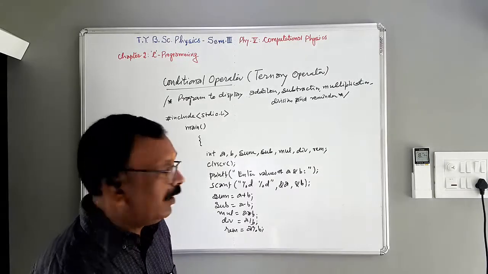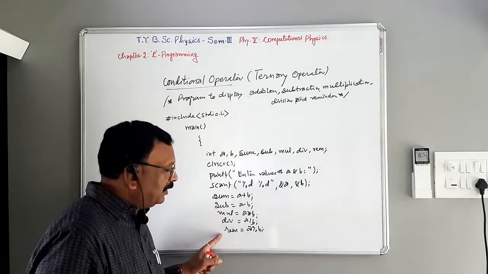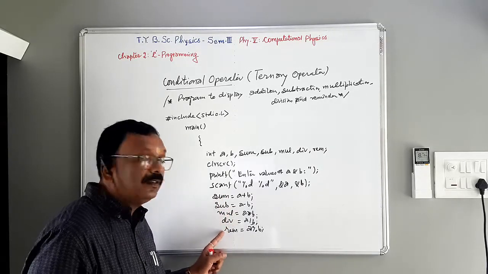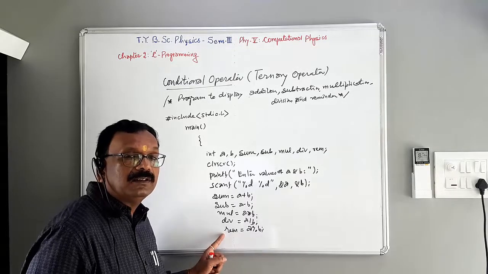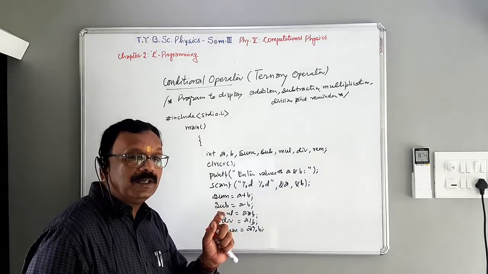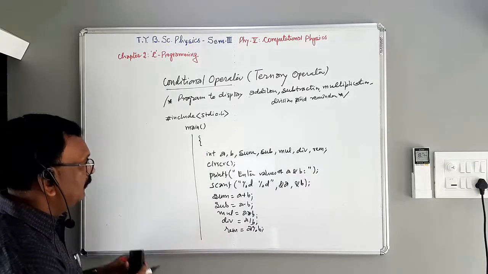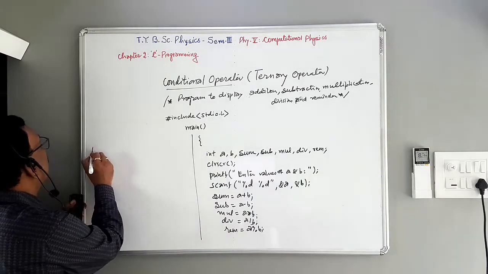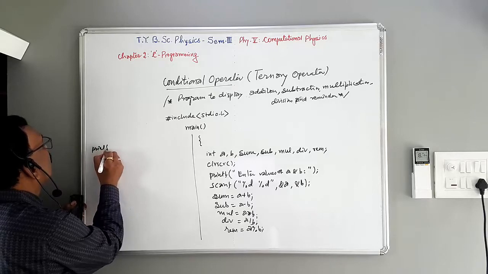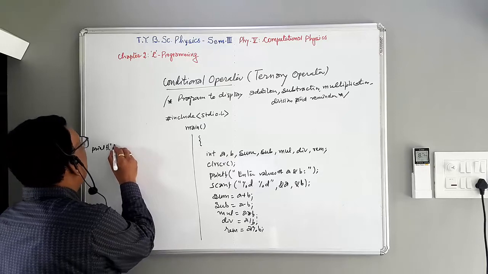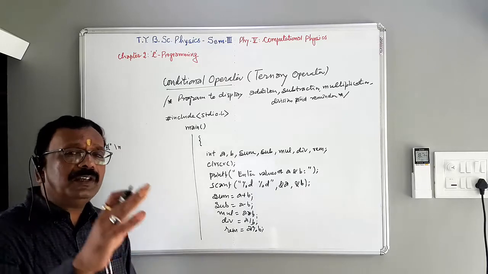Okay. Now, after the execution of this statement, the computer is going to display all the 5 arithmetic operations on the screen, and for that purpose the computer uses statements like this: printf, new line, and every answer should be on a new line.